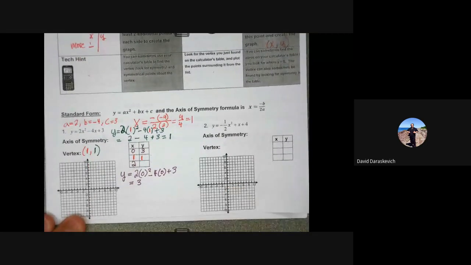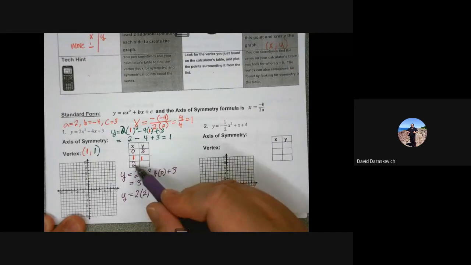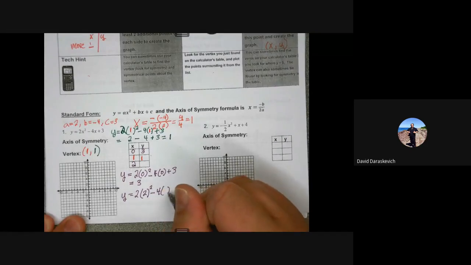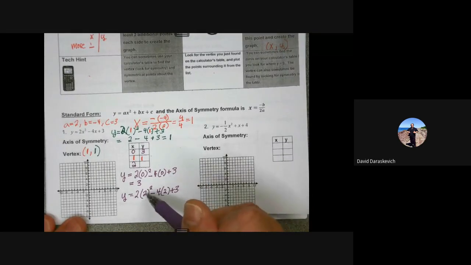Okay. And then the next one, I'm substituting in 2. So 2x squared, with x being 2 because that's what I chose, minus 4 times 2, plus 3. Okay. 2 squared is 4. 4 times 2 is 8. 2 times 4 is 8.